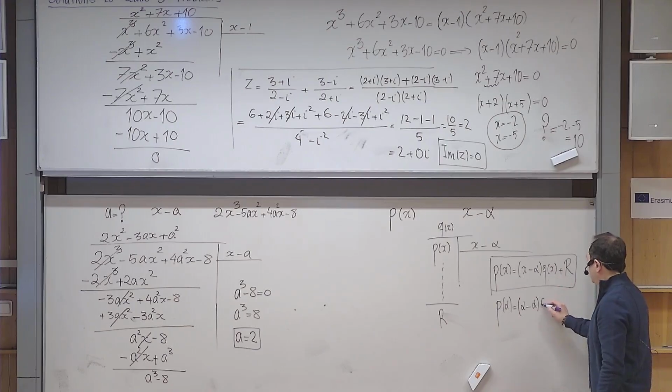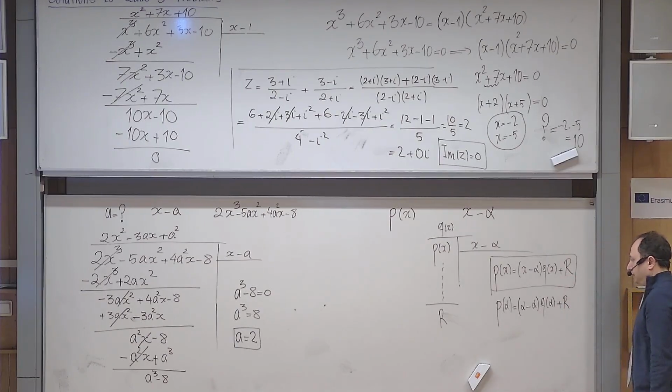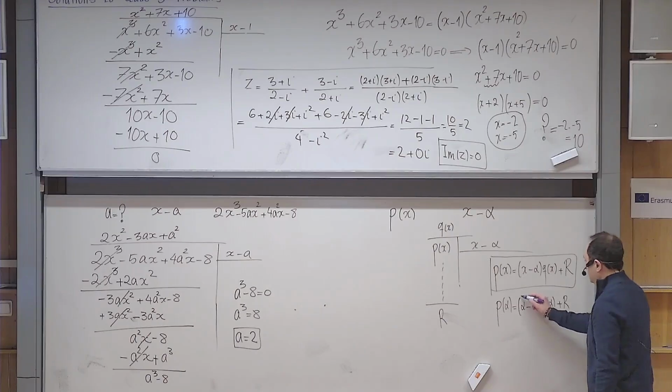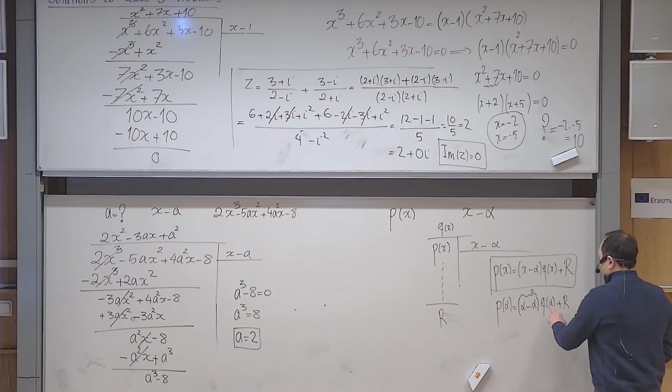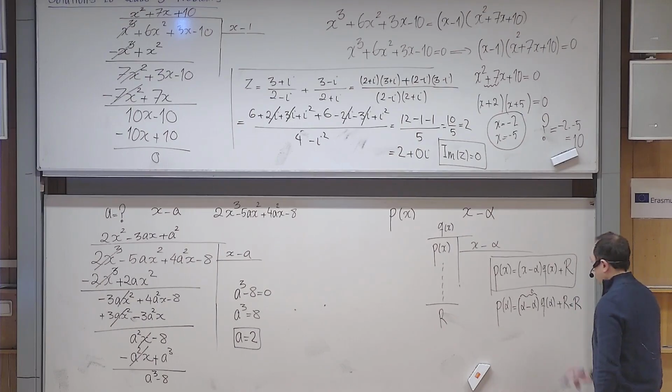I replace this x with alpha, and then plus r. In r, there is no x, so it should be r again. But now, do I know q of alpha? No, because I don't know q. But the good news is that I don't even need q of alpha. Why? Because alpha minus alpha is 0. Regardless of the value of q of alpha, 0 times q of alpha is 0. 0 plus r becomes r.